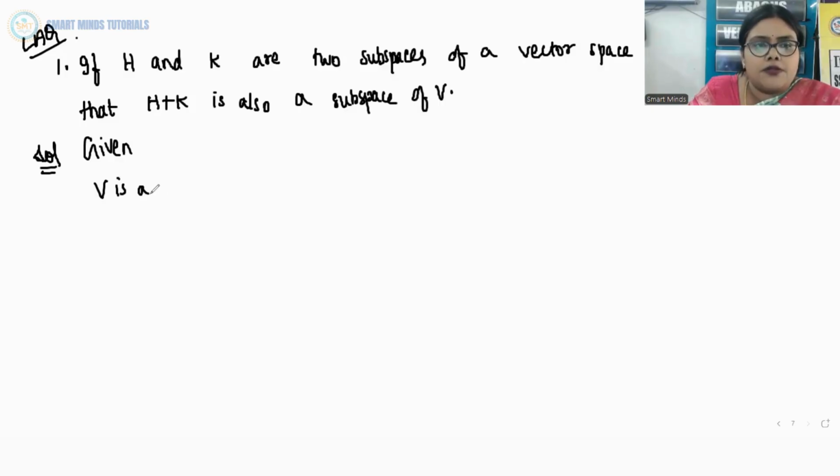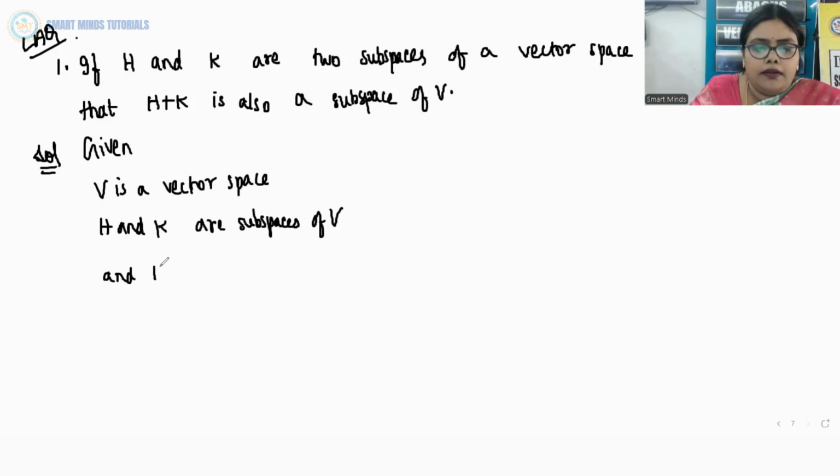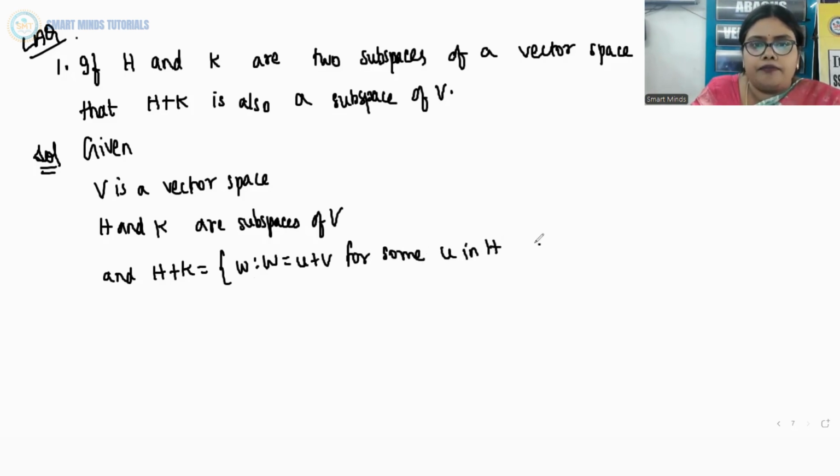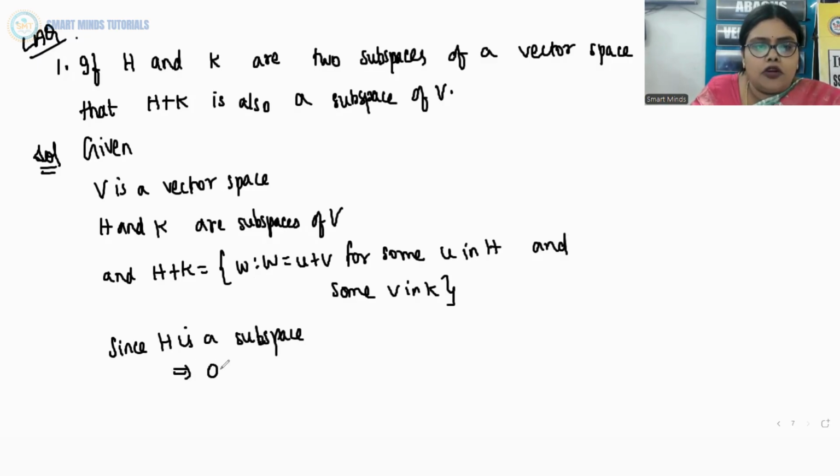Given V is a vector space, H and K are subspaces of V. And H plus K we define this way: W such that W is equal to u plus v for some u in H and some v in K. Since H is a subspace, that means 0 belongs to H. Now K is a subspace, so 0 belongs to K.